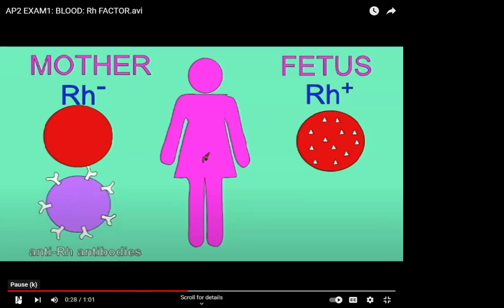Or this could occur during childbirth when an Rh negative woman carries an Rh positive fetus. While there is no blood exchange at the placenta, during childbirth blood can be lost and the mother's immune system can encounter the fetal blood cells and thus become sensitized to the Rh factor. Subsequent pregnancies with Rh positive fetuses would be threatened because the mother's body would be capable of reacting against the Rh factor.